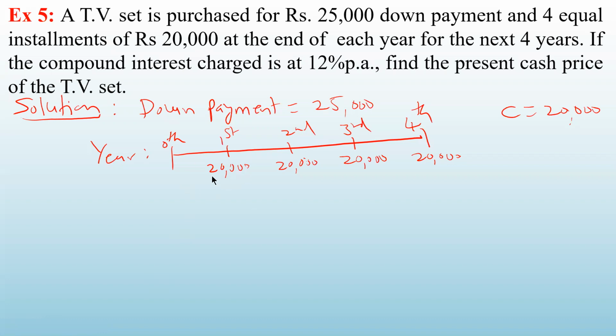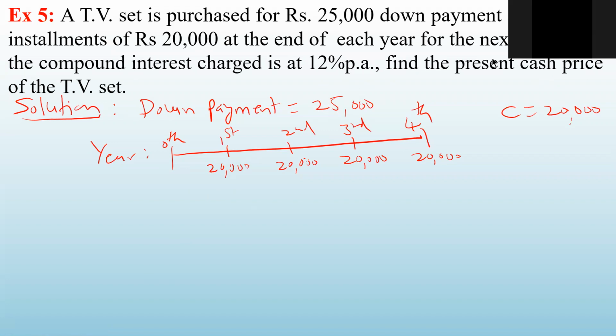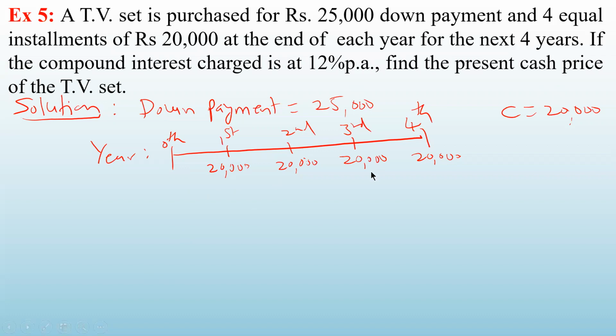So what you have to do in this problem, you have to find out the present cash price of the TV. What is the price of the TV? So how will you get that? By adding the down payment with the present value of these installments. Okay, so we will calculate here the present value of the installment.